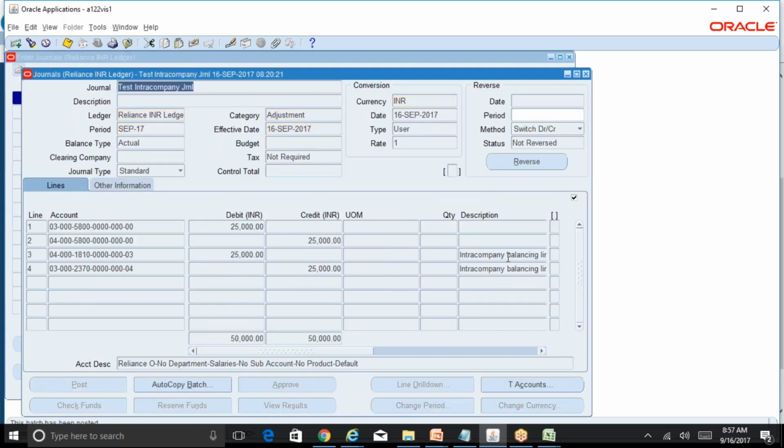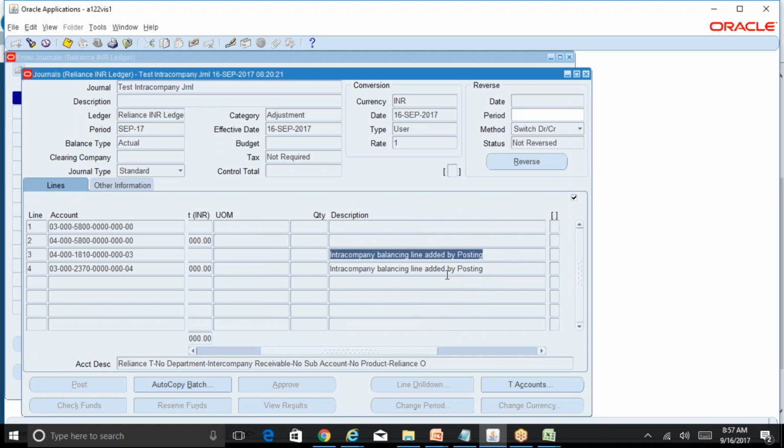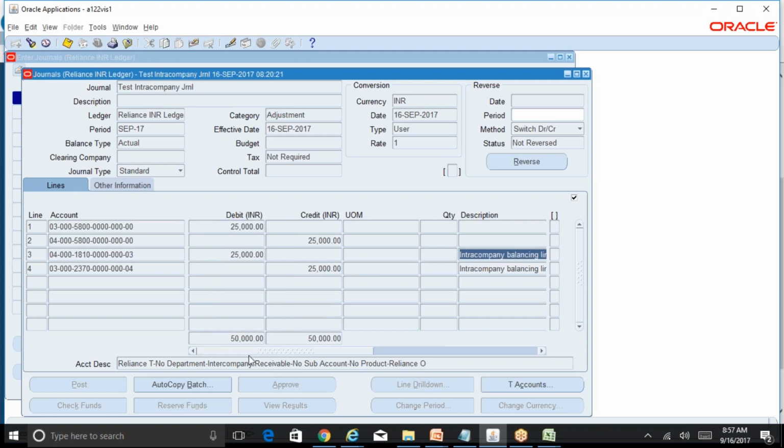If you observe the description, earlier it said intercompany balancing line added by posting program. Now here you can see intra-company balancing line added by the posting program. As far as the logic is concerned, it's the same logic. For 03 there is a debit and there is a missing credit.